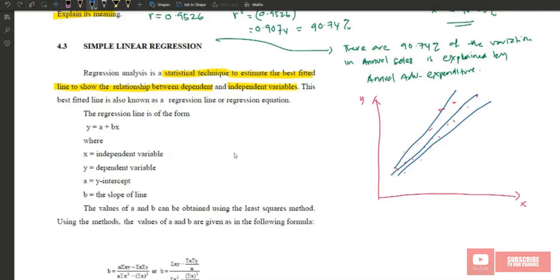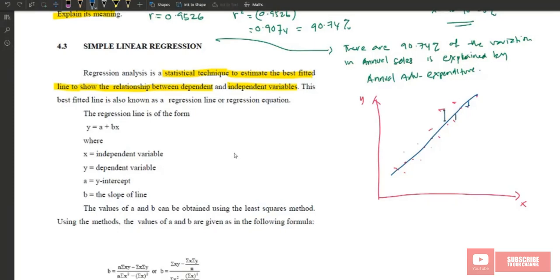So the line that we want to estimate should have the less error. Error means the difference between observed and the predicted value should be the minimum, right? So let's say this is the best line, right? So we want to establish the line that has a minimum error.